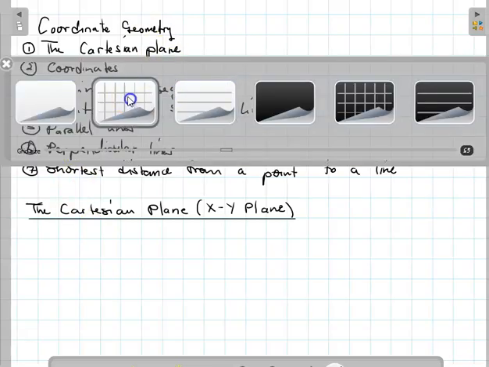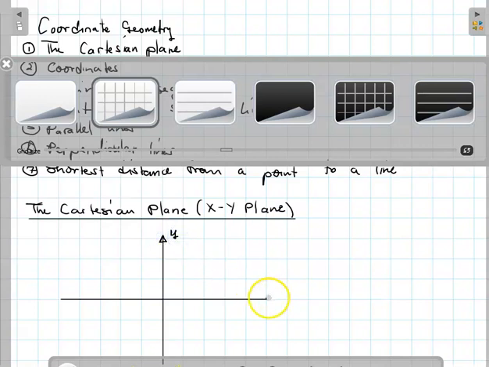So what does it look like? Pretty much you have the vertical axis and the horizontal axis, and the coordinates, something that we'll be discussing very shortly, are defined on the XY plane or the Cartesian plane. So this one is the y-axis, this one is the x-axis.